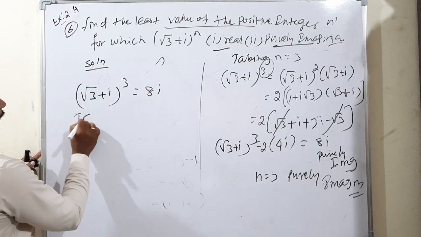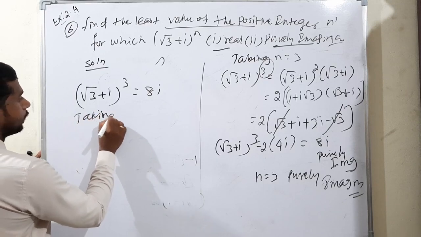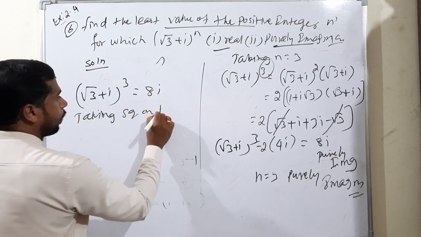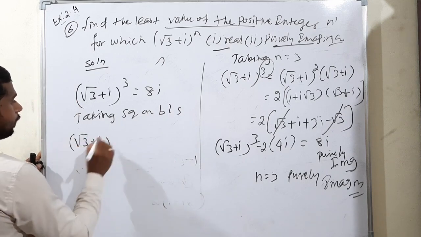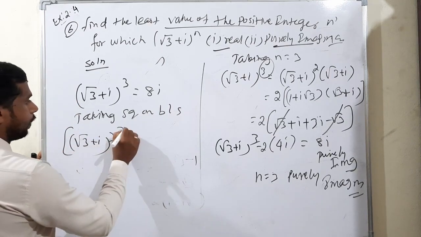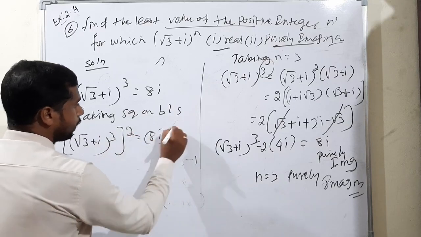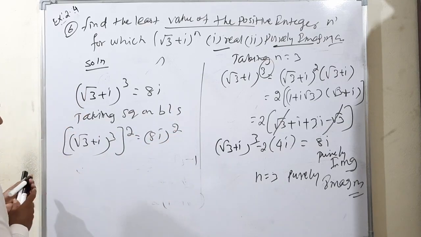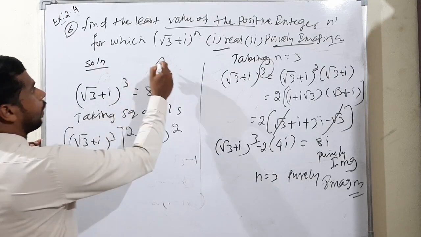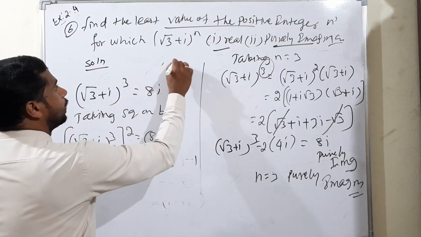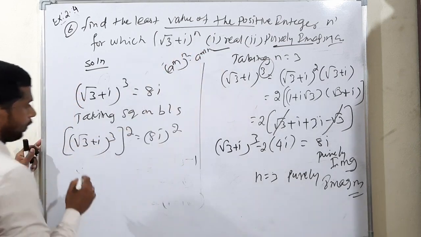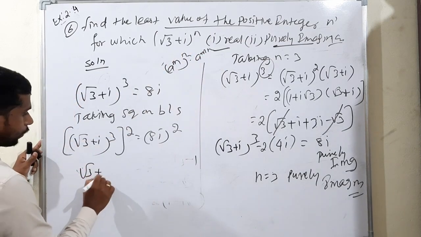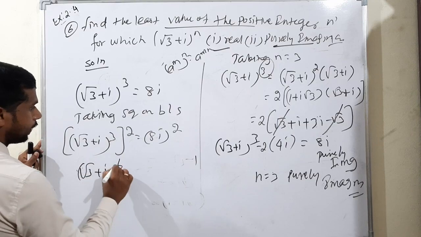Taking square on both sides, (√3 + i)^3 whole squared is equal to (8i)². Already we know one formula, (a^m)^n means a^(mn). So we can say (√3 + i)^6.